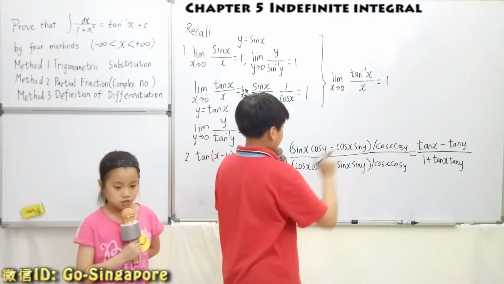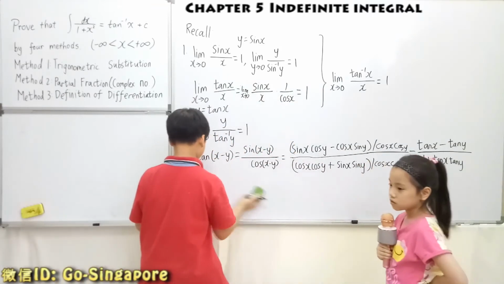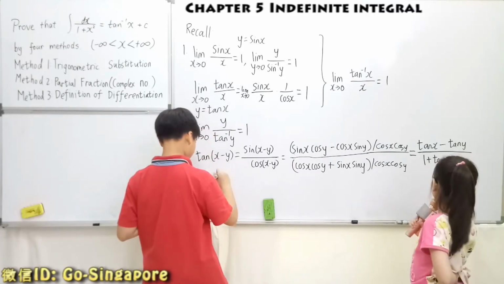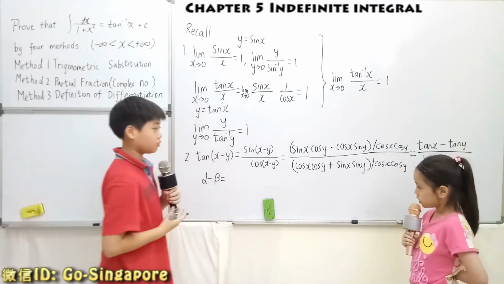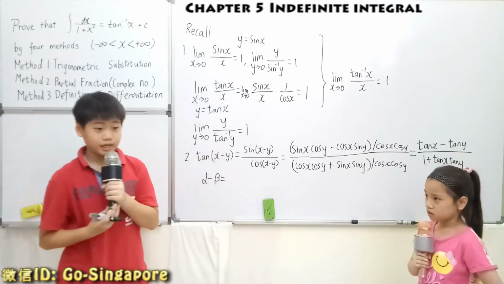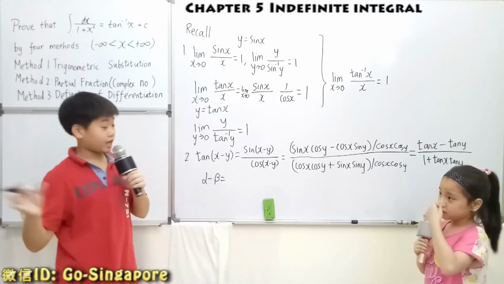So, like this. Can I use alpha minus beta? Yes. Okay, so alpha replaces the x and beta replaces the y, okay? So what would this be? Do you have any ideas?